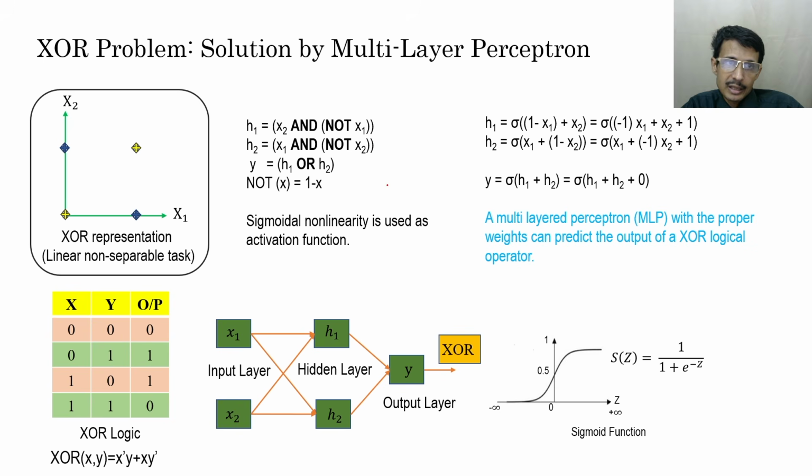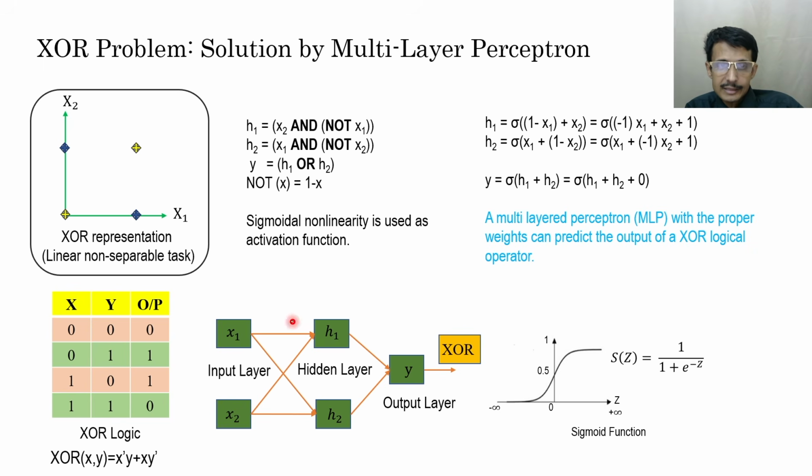Now see here, we have the XOR problem like this. These two are two points, and there is definitely no single linear separator.